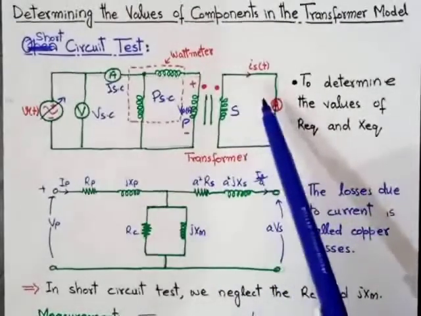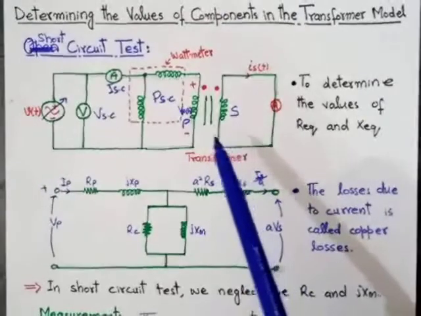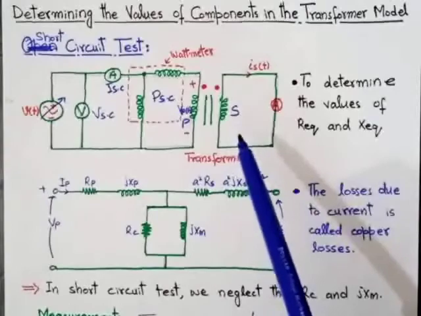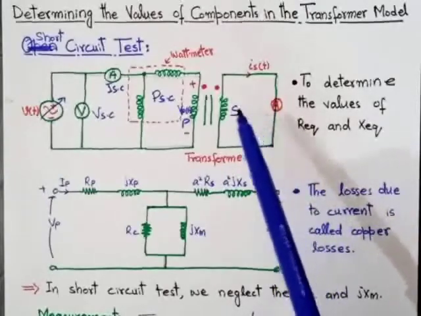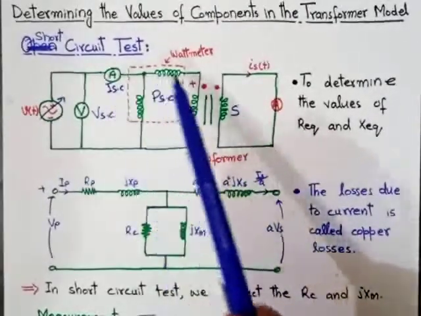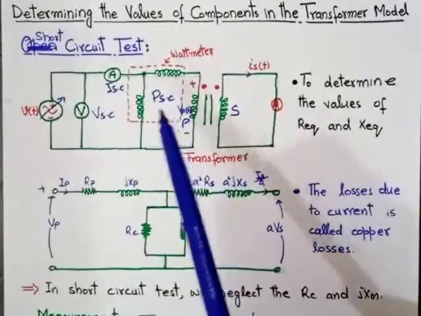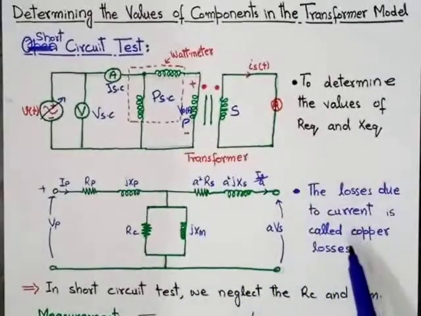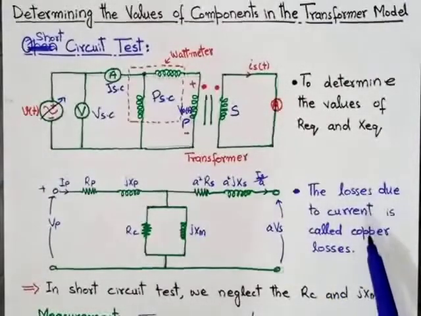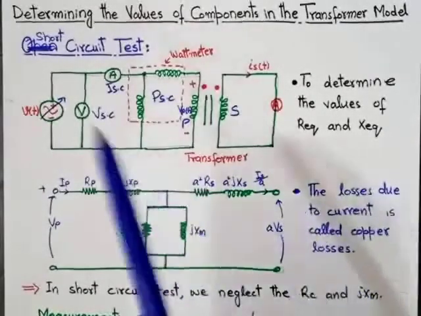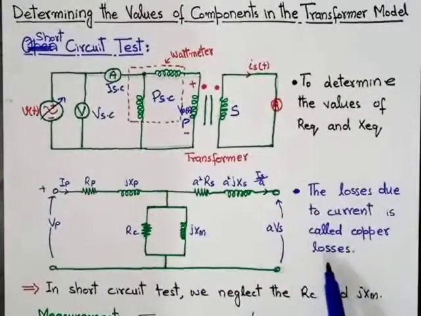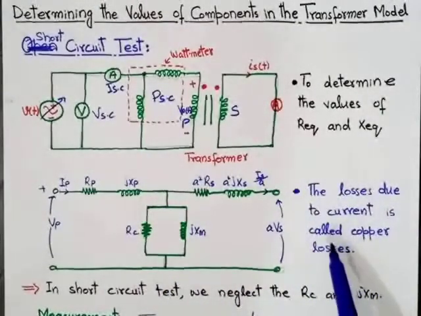When the circuit is short, the voltage will be minimum or approximately 0. When the voltage is 0, the current will be maximum. It means the overall power consumed in the transformer will be only due to current, and the losses due to current are called the copper losses of the transformer. So in the short circuit test, we determine the copper losses of the transformer.